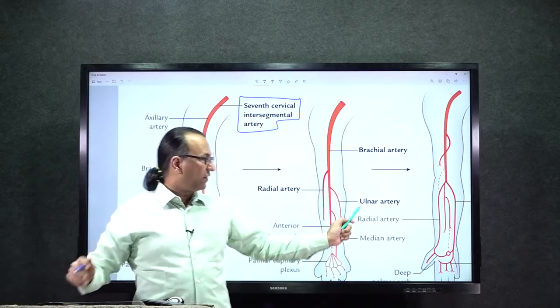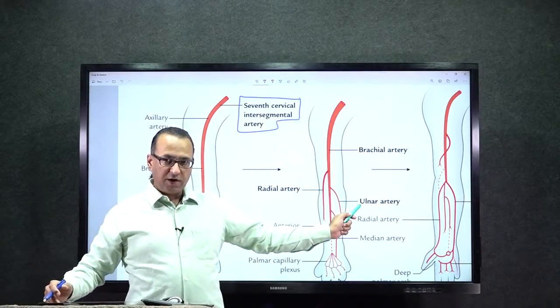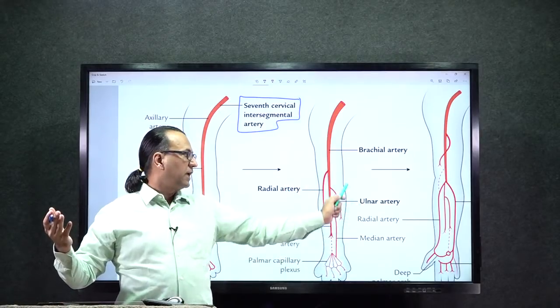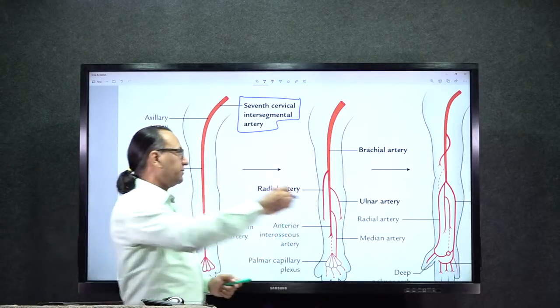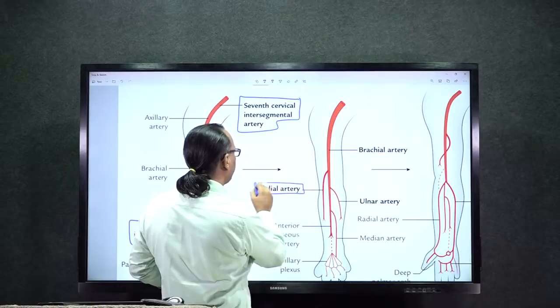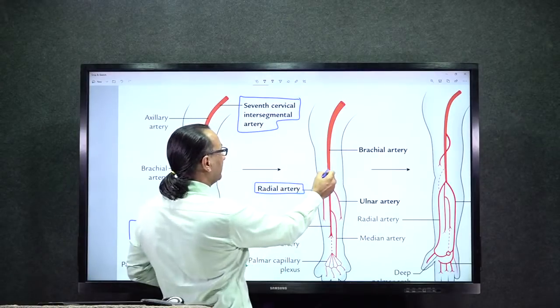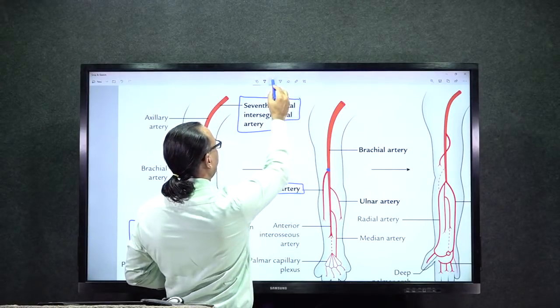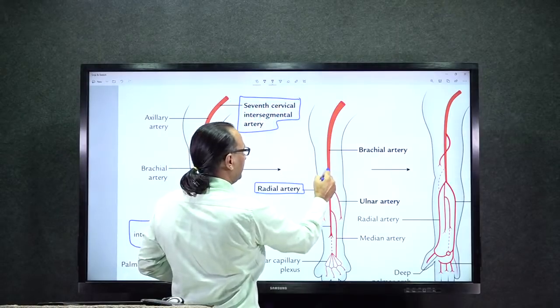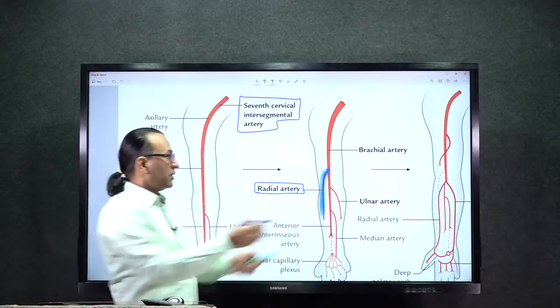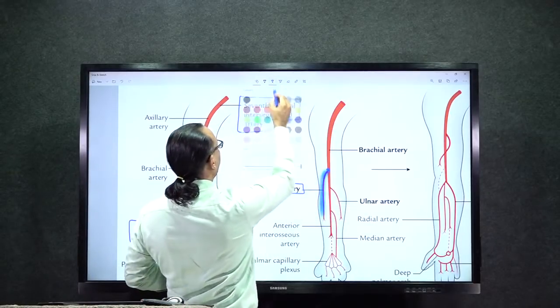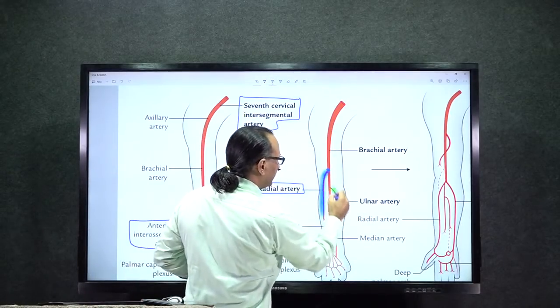Now what happens is that after some time during development, there will be ulnar artery coming towards the ulnar bone and radial artery coming towards the radial bone. And as you see, radial artery will be slightly proximally given, as you can find here. This is the radial artery, which is quite proximal compared with the ulnar artery, which you can see here is slightly distal.